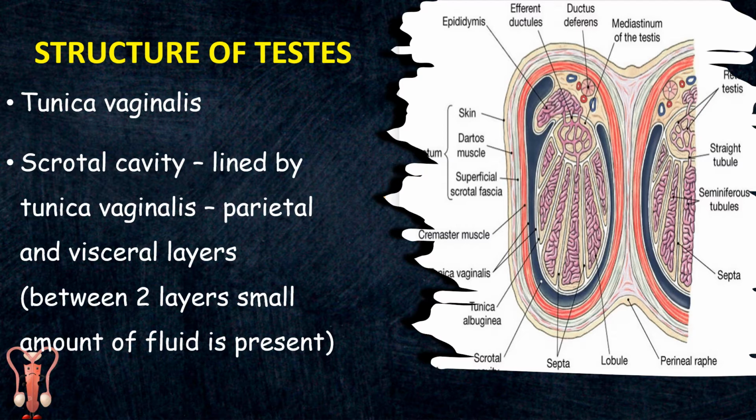There is a small space between these two layers, a cavity-like structure with a small amount of fluid in it. The coverings of the testis provide protection from trauma, and also allow free movement of the testis in the scrotum.